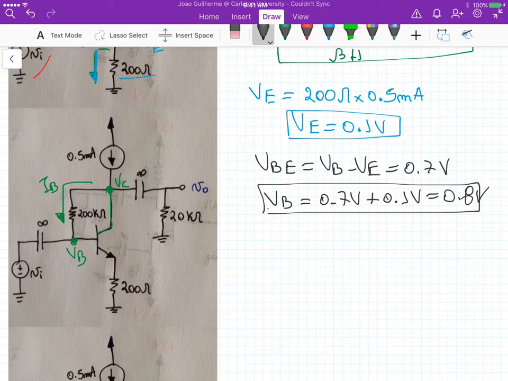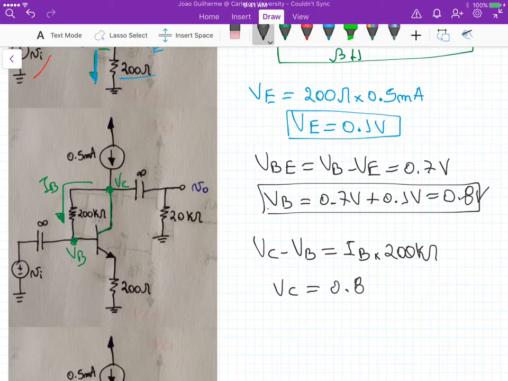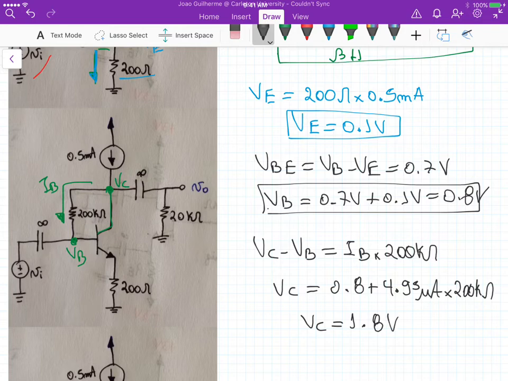So we can calculate VC: VC minus VB should be equal to the base current times the base resistance. This gives us VC equal to VB, so 0.8 plus those 4.95 microamperes times those 200 ohms, and this gives us a VC of 1.8 volts.